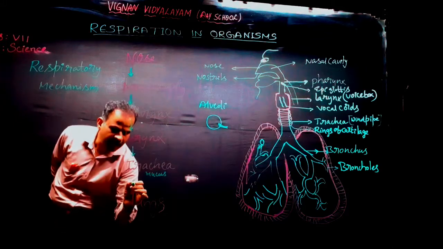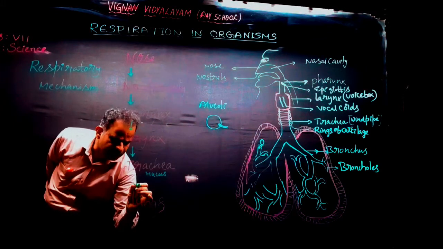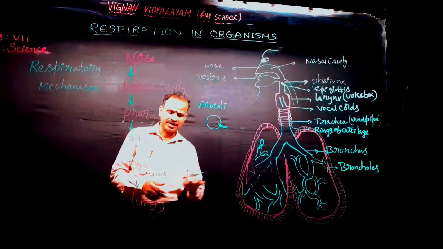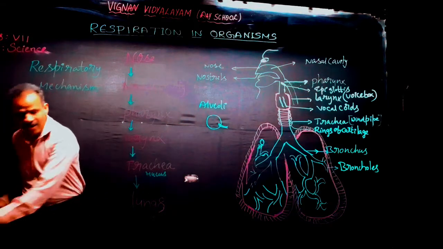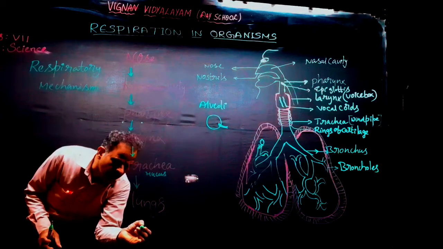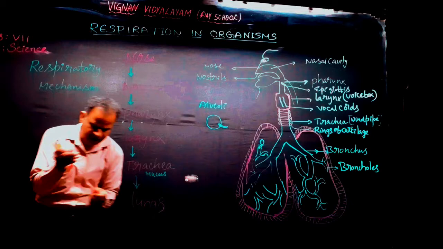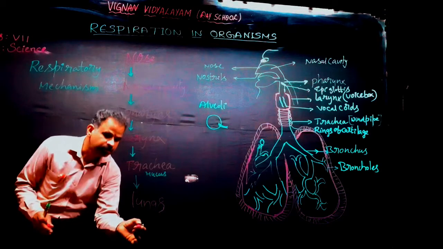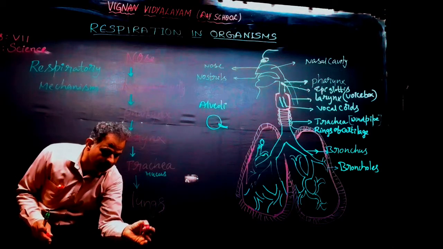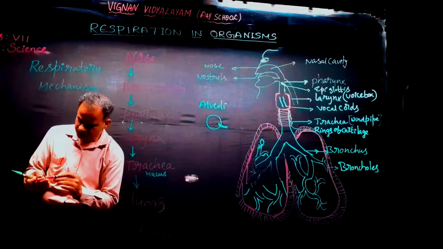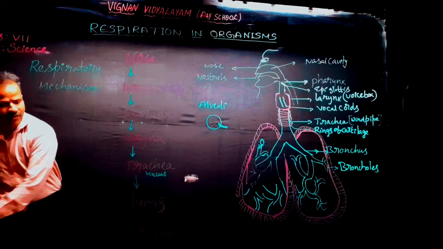From the trachea, the air enters into the lungs. In the lungs, what I told you, alveoli. That is alveoli. Where are these alveoli present?